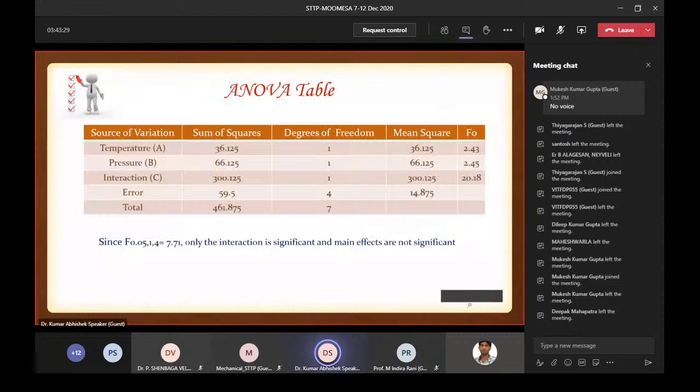So if you look at the ANOVA table, the temperature is 36.125, pressure is 66.125, interaction is 300.125, and total is 461.875. Since it is 461.875, if you combine these and subtract from the total value, this will give the error value.